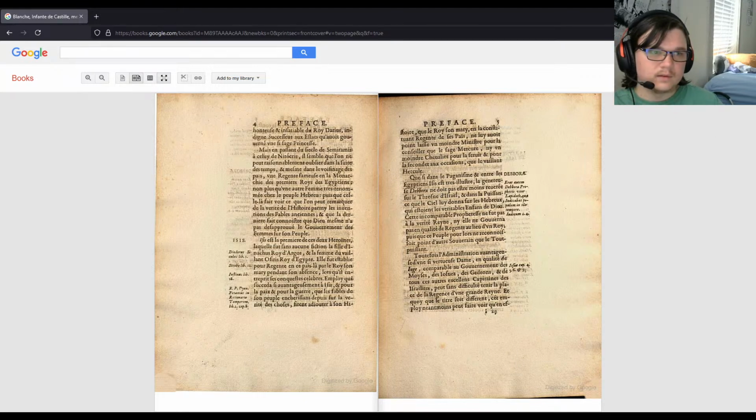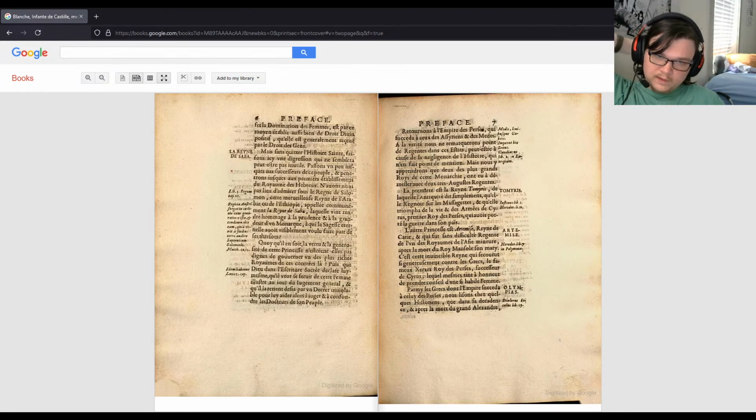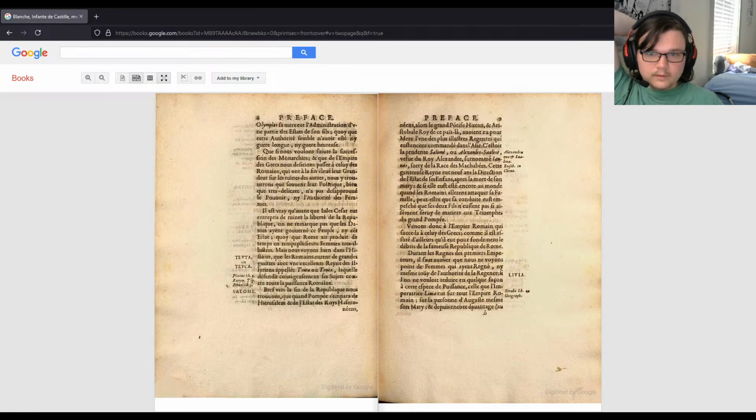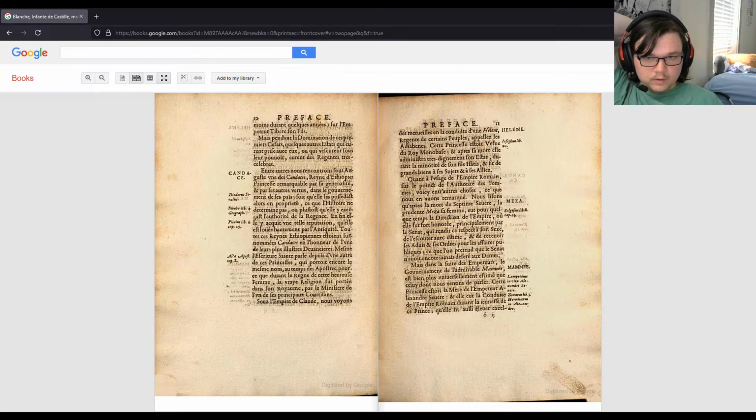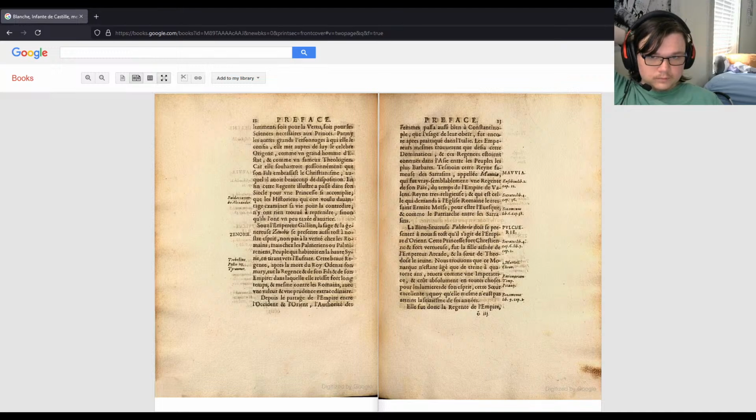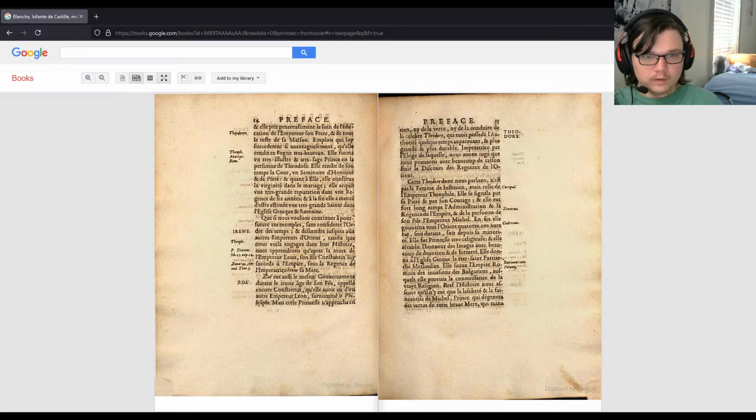Okay, so this is the preface. Hold on, yeah. See, this is Julius Caesar, Roman Empire. Okay, we're way past Roman Empire. Talking about a preface, at this point we're talking about like 1,000 years before.